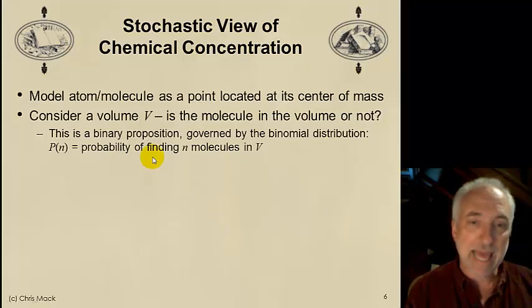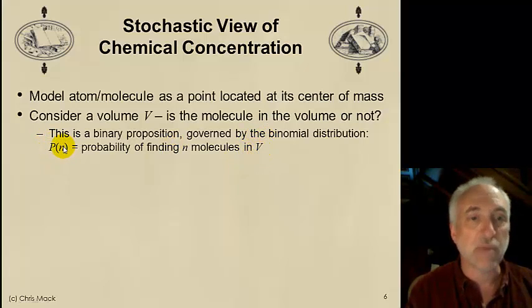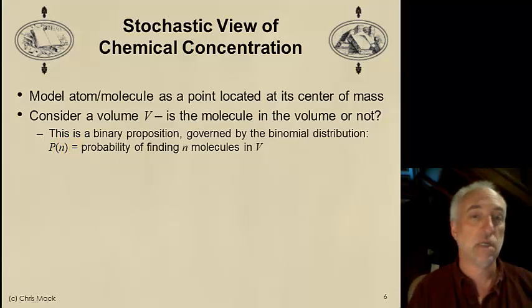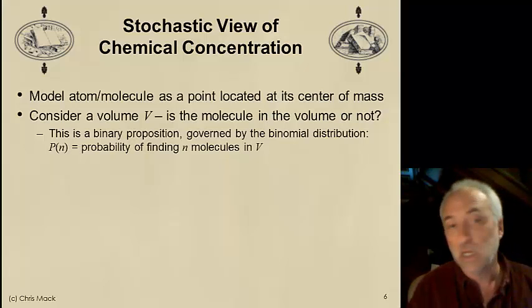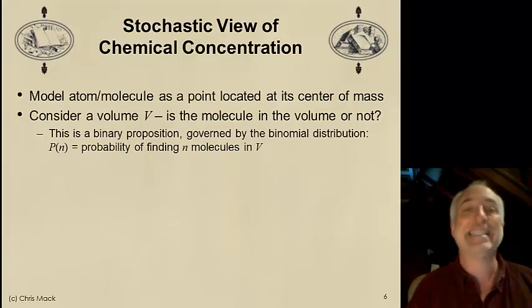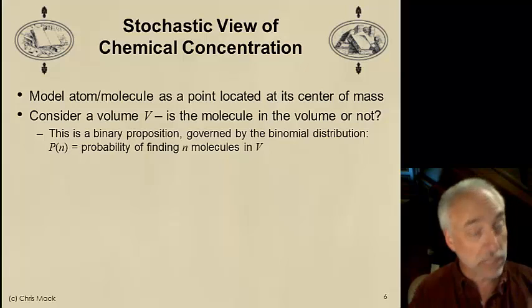So let n be the number of molecules in this volume V, and P of n is simply the probability that that's how many I'll find. I might have P of 12 or P of 3 or P of 26. It would be the probability of finding exactly that number of molecules within this volume V.